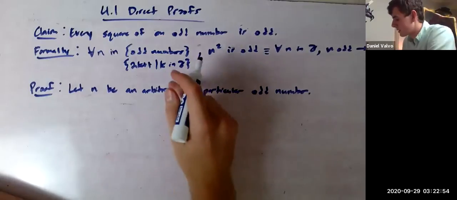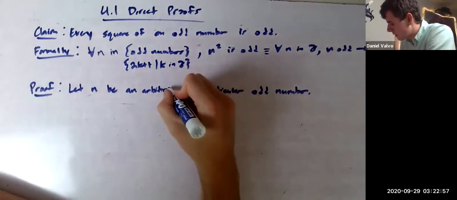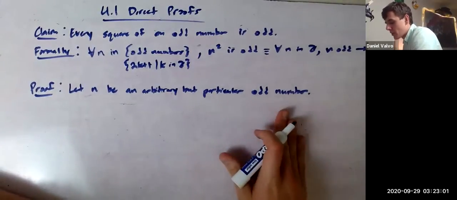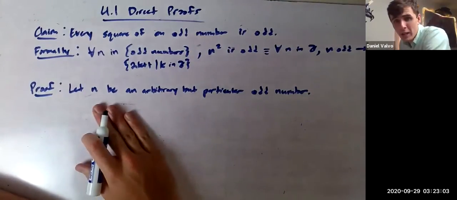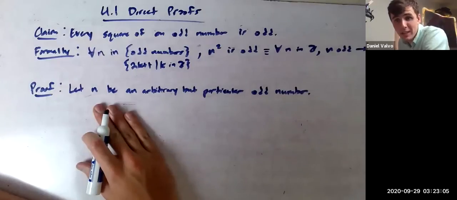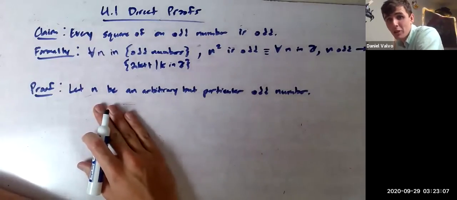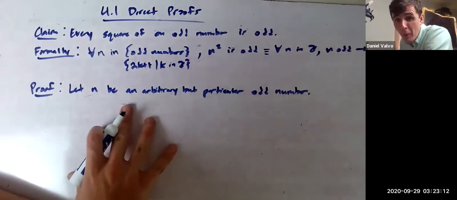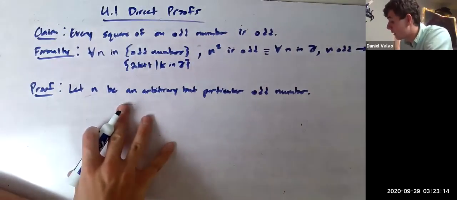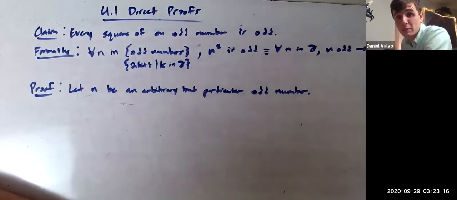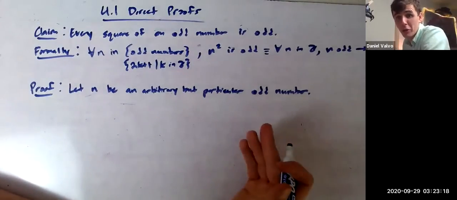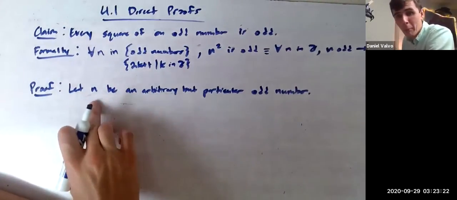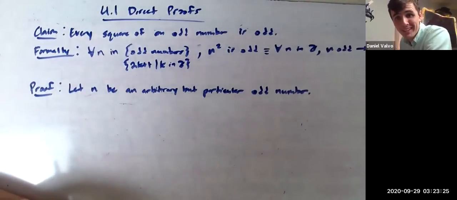All this arbitrary but particular odd number business means is that we don't know which odd number it is. I'm not saying n equals 7, n equals 17 or n equals 35, right? I'm just saying we know n is odd. n is a number with the property of being odd, but it is a particular number. We can't just keep switching around and saying, okay, let's make n equal 3 now, let's make n equal 5. n right now is one number that is odd. We just don't know what number it is. We have to work with that.